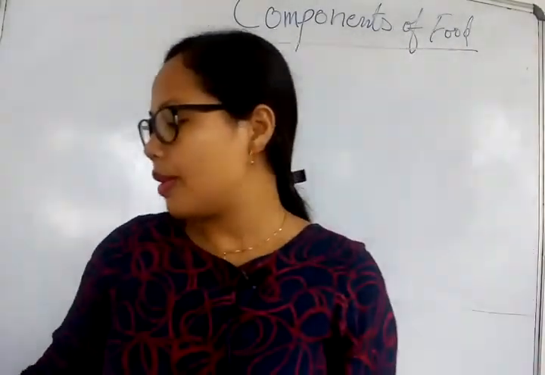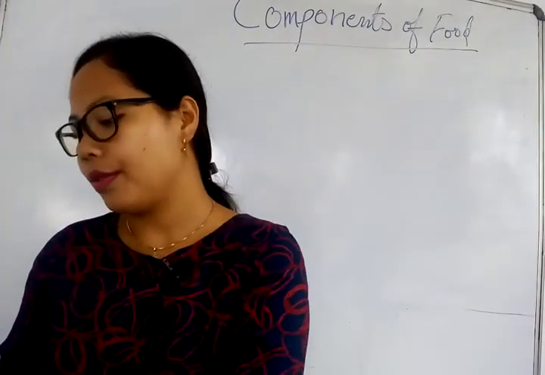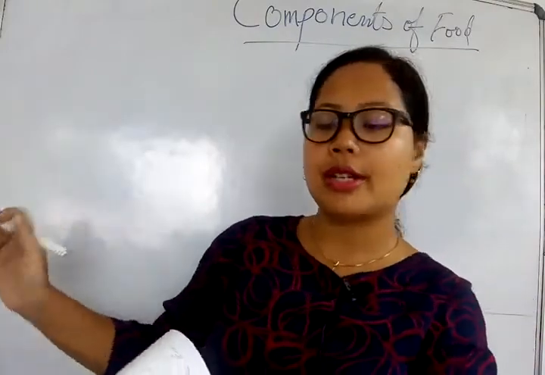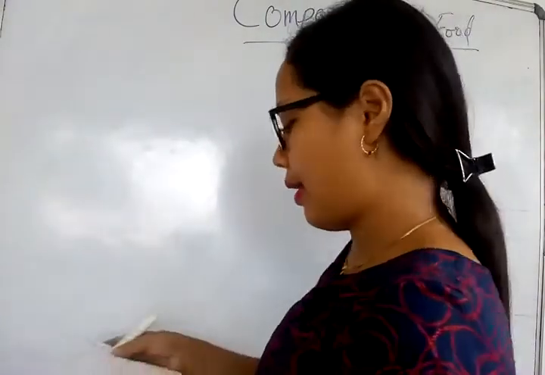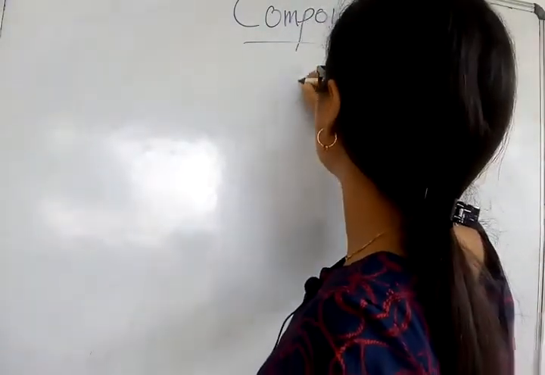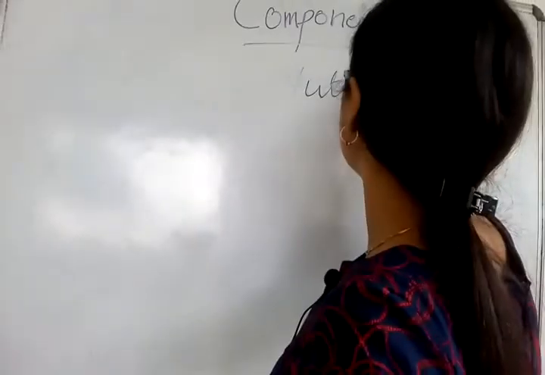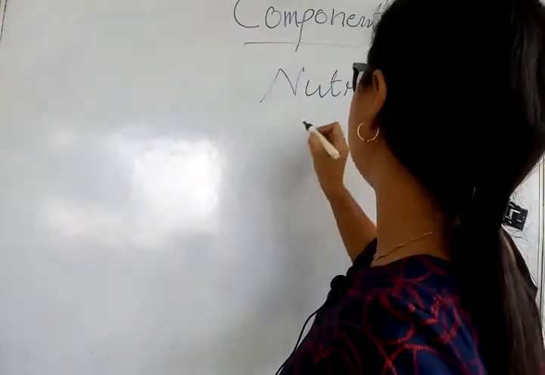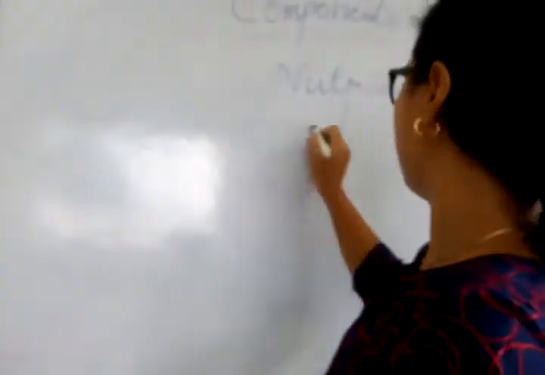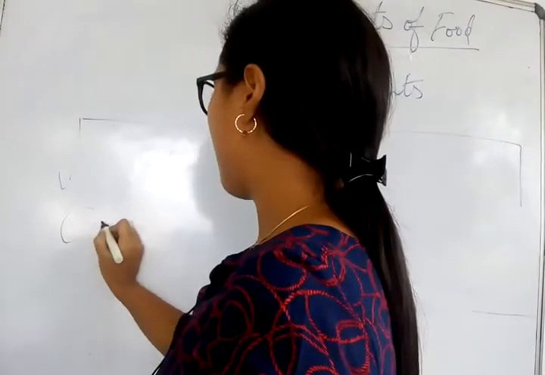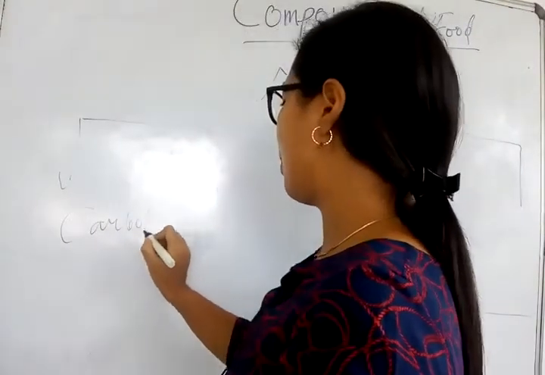Nutrients are of different types, or grouped into different classes. These nutrients are grouped into different classes. The first one we have is carbohydrates.